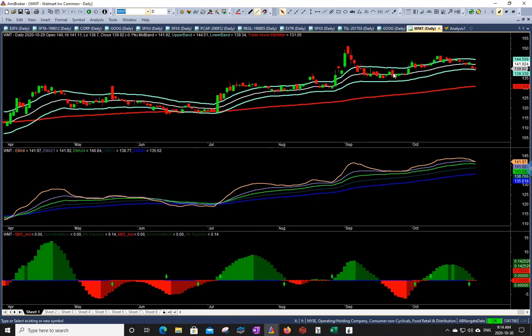So what we did is we quantified the strategy using our normal quantified backtesting procedures.